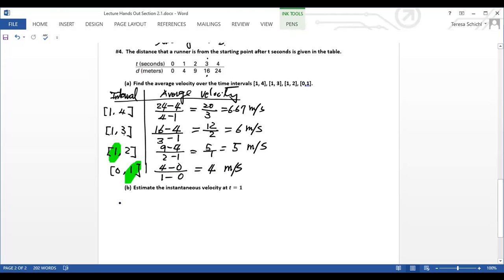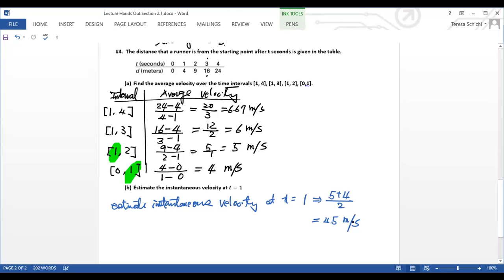So we can estimate the instantaneous velocity at t equal to 1 by averaging these two. It's 5 plus 4 divided by 2, which gives me 4.5 meters per second here.